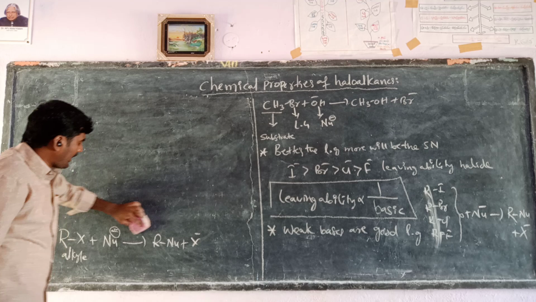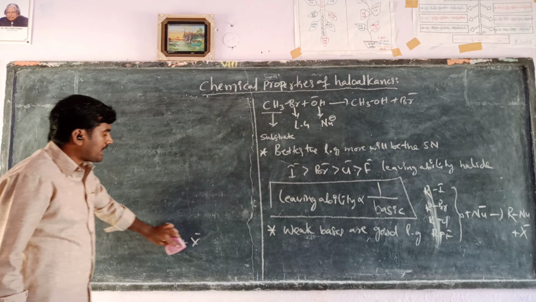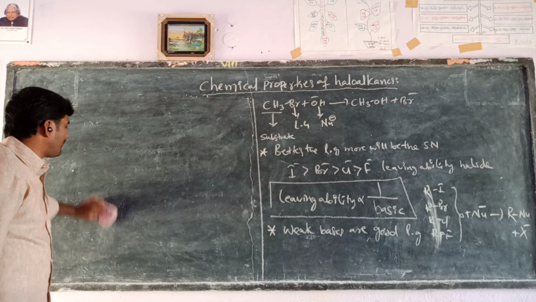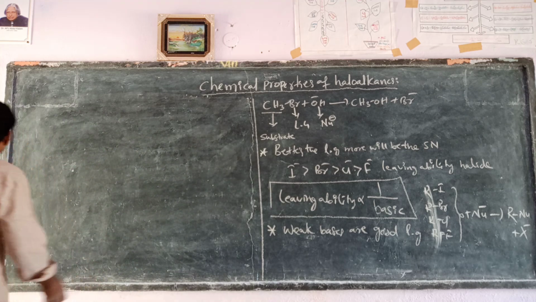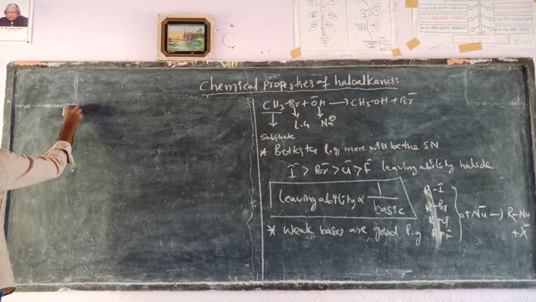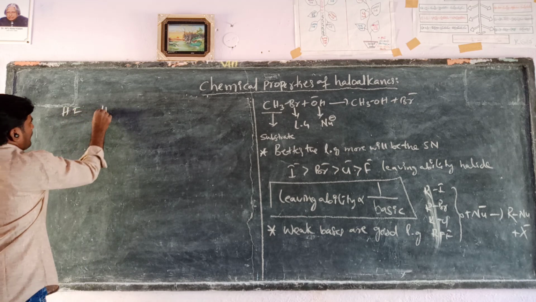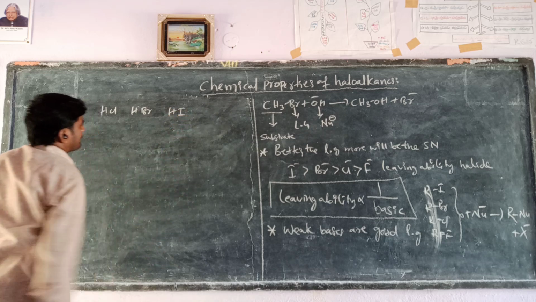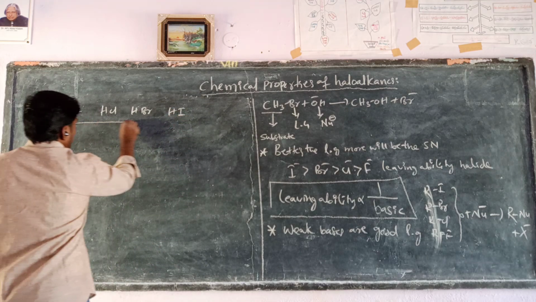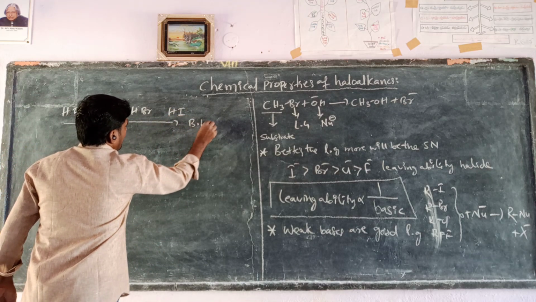From hydrogen fluoride to hydrogen iodide, bond length gradually increases. Due to the increase of bond length, we can break that bond easily. The bond dissociation enthalpies decrease. In the order hydrogen fluoride, hydrogen chloride, hydrogen bromide, hydrogen iodide, bond length increases.